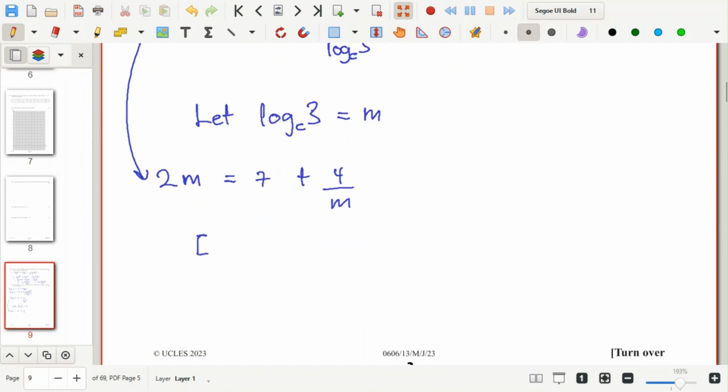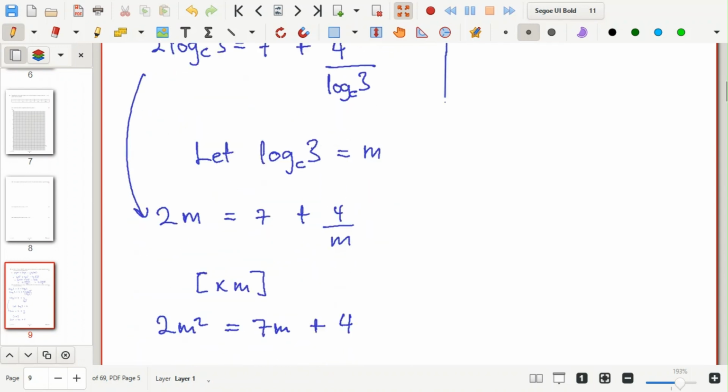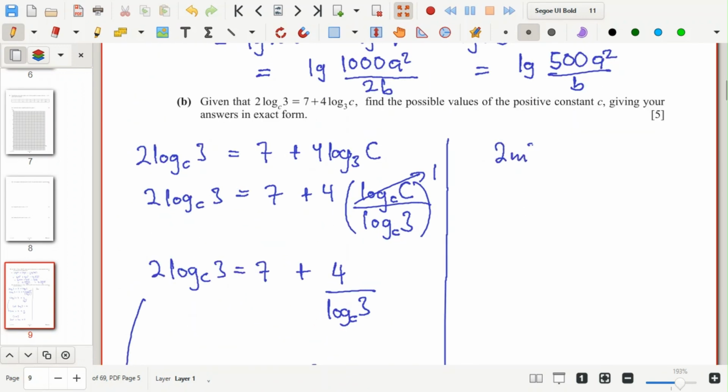I can multiply throughout by m. If I do so, I'll get 2m squared is equal to 7m plus 4. So this is the same as 2m squared minus 7m minus 4 is equal to 0.